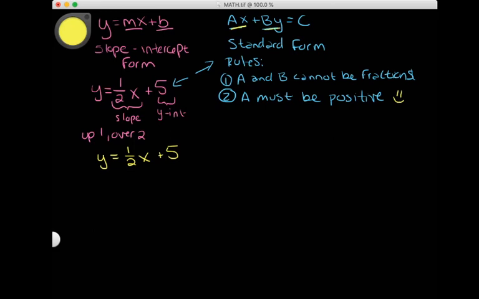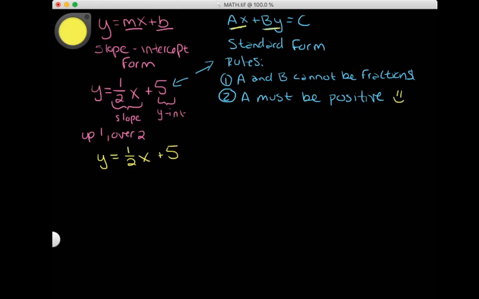So when I'm moving positive 1 over 2x to the other side, remember that I have to eliminate it from the side that it's on. We talked about opposite operations. If I have positive 1 over 2 and I take negative 1 over 2 from it, it turns into 0.